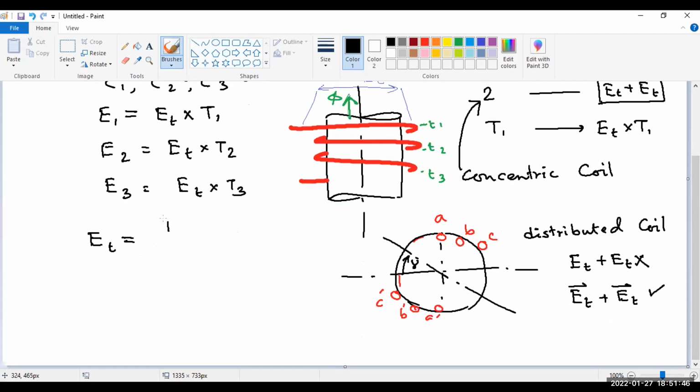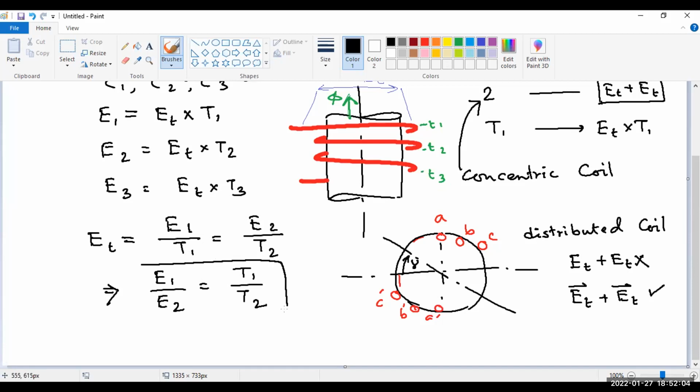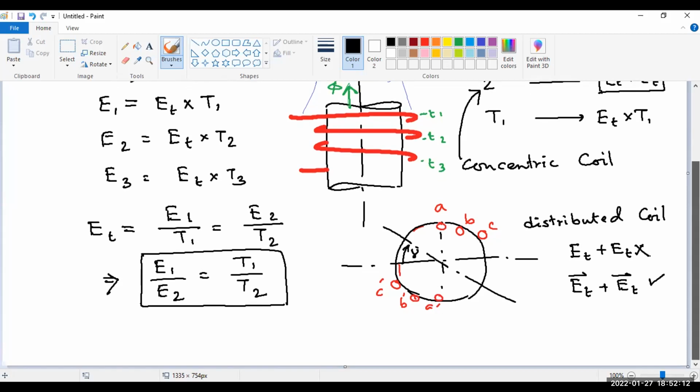We can write E2 equals E1 by T1, into T2, and from that we can derive our voltage ratio expression. So their voltage ratio is basically their turns ratio. So if we want to create some voltage ratio, accordingly we have to select the number of turns.